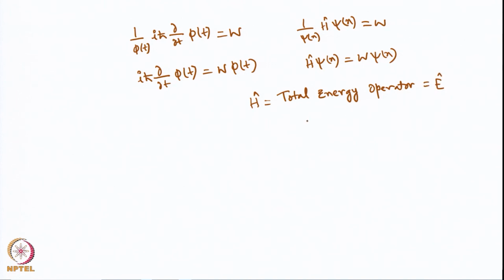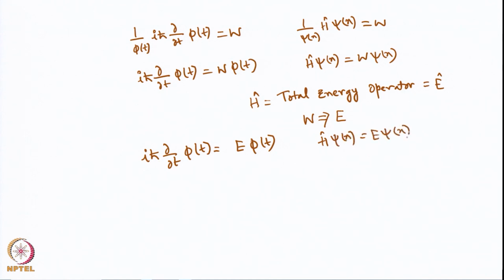So, it is easy to replace W with E. When I do that, what I get is iħ d by dt of phi of t is equal to E phi of t, and H psi of x is equal to E psi of x. So, I get two equations for which in both cases E is the eigenvalue.